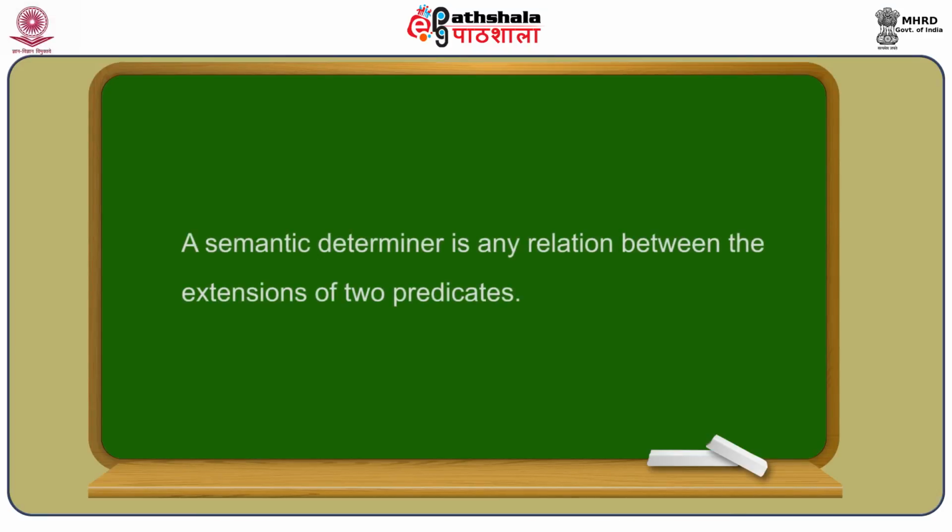They could be syntactically complex. There are lots of things that could be possible semantic determiners. The way we are looking at it, a semantic determiner is any relation between the extensions of two predicates. Depending on how you look at it, you can look at it as a second order predicate of two concepts following Frege, or in our terms, you could take semantic determiners as expressing relations between two sets.